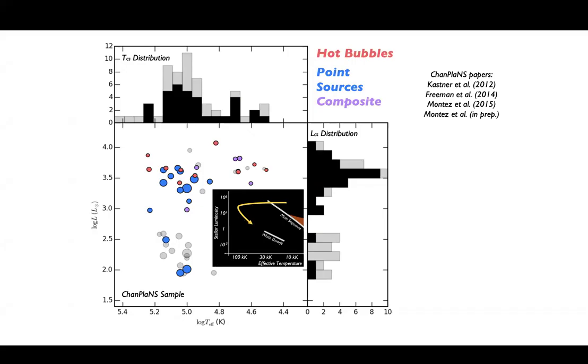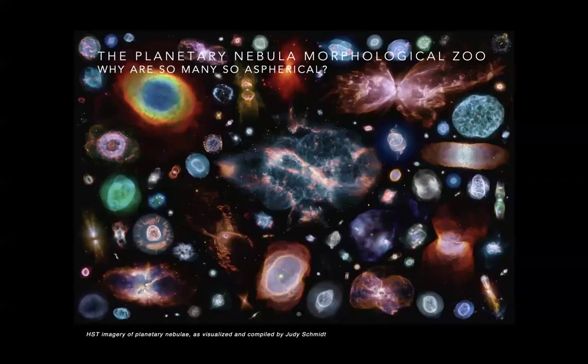So hot bubbles, it turns out, are a very short-lived episode in the life of a planetary nebula, showing us the interaction between the envelope of the red giant that was ejected and the fast wind that's coming off of the newly unveiled core. But then you can look back at this beautiful montage by Judy Schmidt, and you can see how many different shapes and sizes are represented in planetary nebulae.